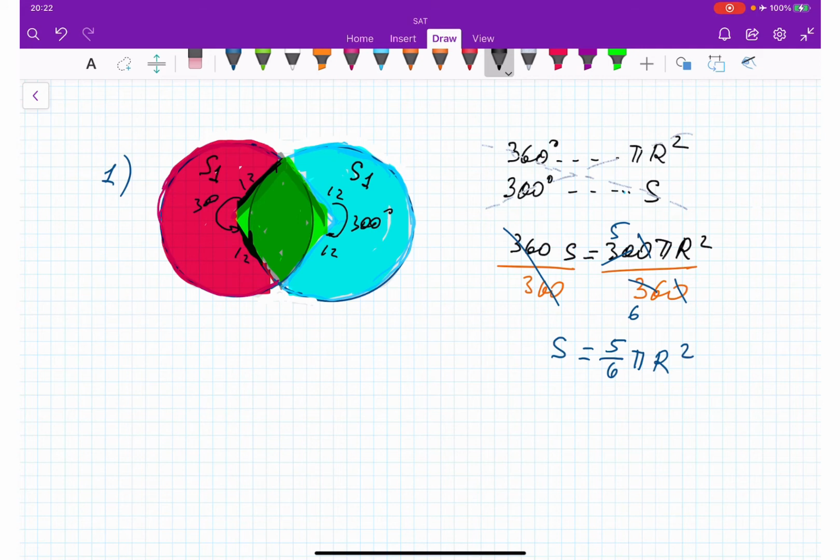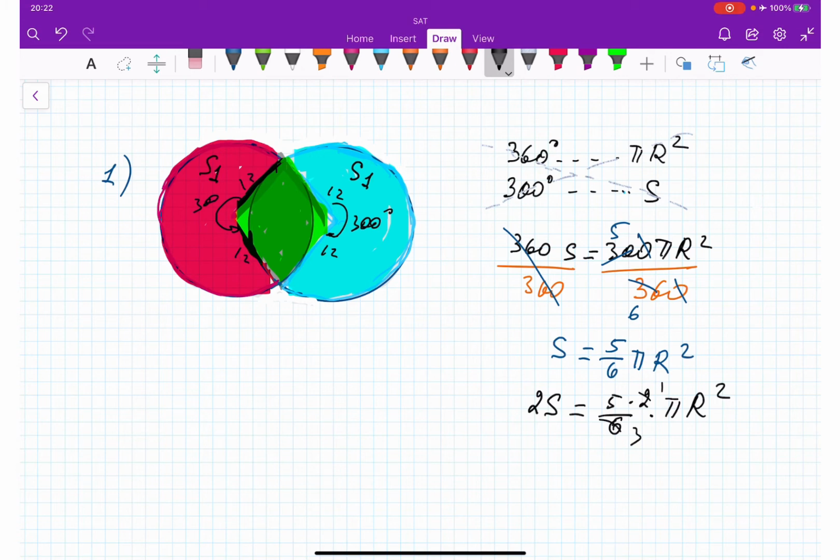Therefore, two S's are equal to 5 over 6 times 2 times pi r squared. This is 1, this is 3, canceling.